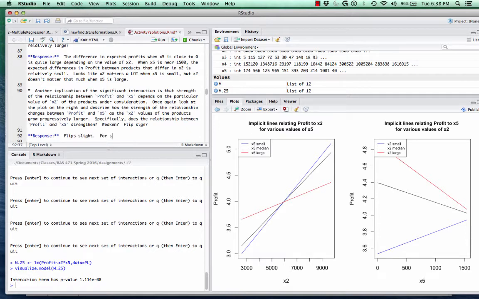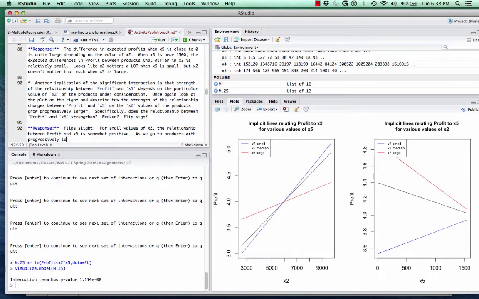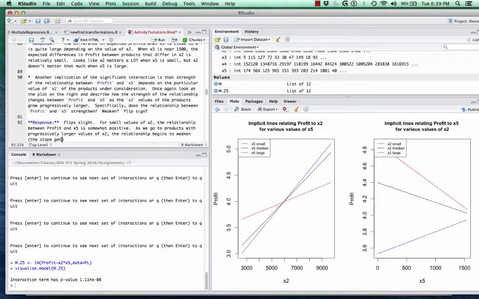So for small values of x2, the relationship between profits and x5 is somewhat positive. As we go to products with progressively larger values of x2, however, the relationship begins to weaken. The slope gets closer to 0.